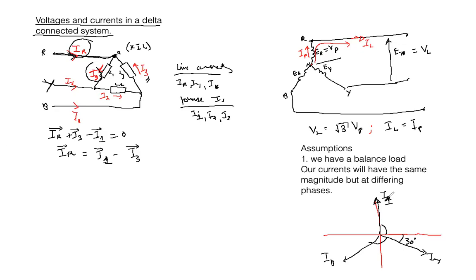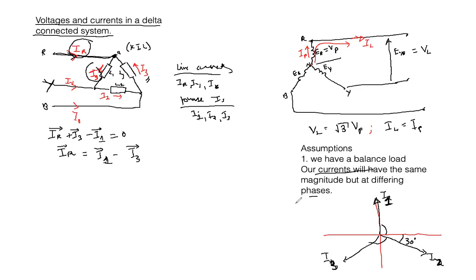Yeah, these are supposed to be our phase currents. And then here, I2 and I3 here. Okay. Yes. Good. So forgive me for that one. So our phase currents are the ones that we are talking about. We are saying that they are the same, but they are at different phases.